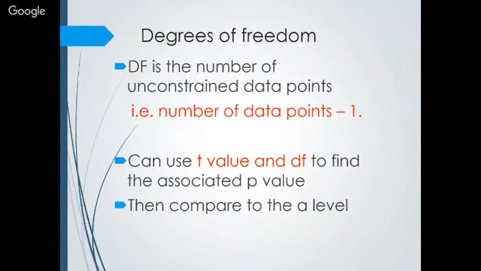Our next step is to find the P value from the table. There is a T distribution table. Statisticians derived T tables from the T distribution, and with the help of the T value and degrees of freedom, we can find the associated P value. Then compare with the alpha level. That is what is involved.